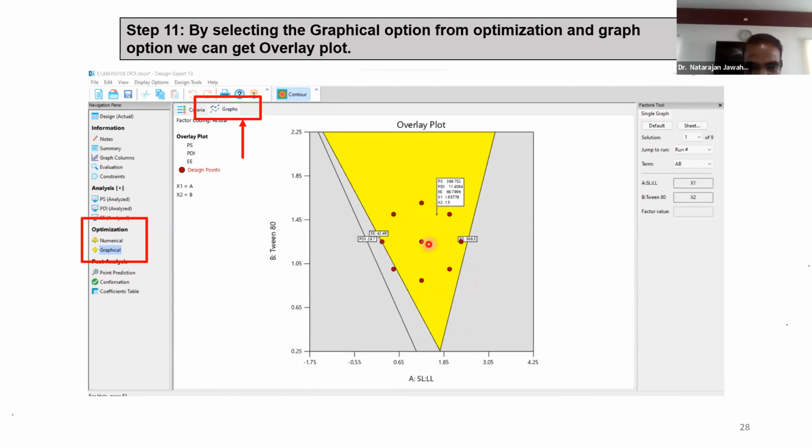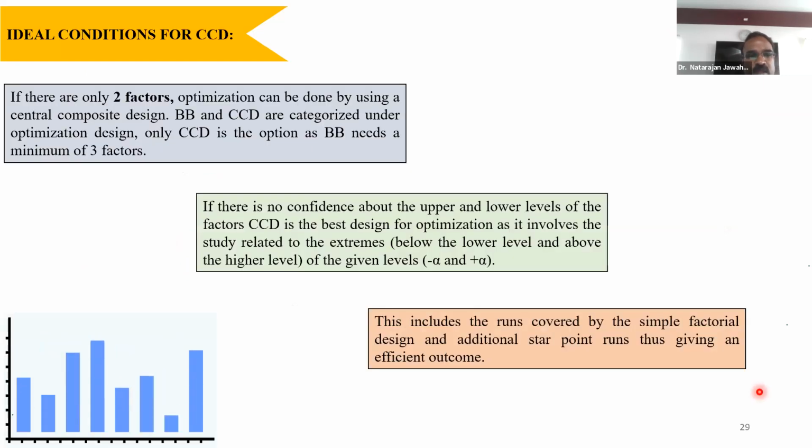Any point you click will give the concentration of your factor A and factor B, and with respect to that, its particle size and entrapment efficiency. This is another advantage. If you want to reduce or increase something, you just click anywhere and change your formula accordingly. This is useful.